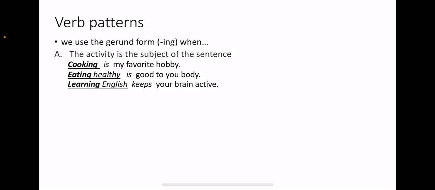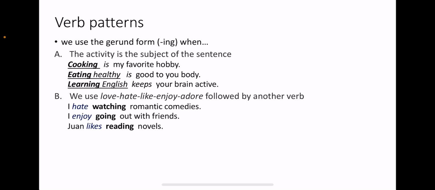Eating healthy is good for your body. Learning English keeps your brain active. In all those examples, I'm using a gerund form because the activity is the subject of the sentence. That is one of the most important uses of the gerund. Think about it.